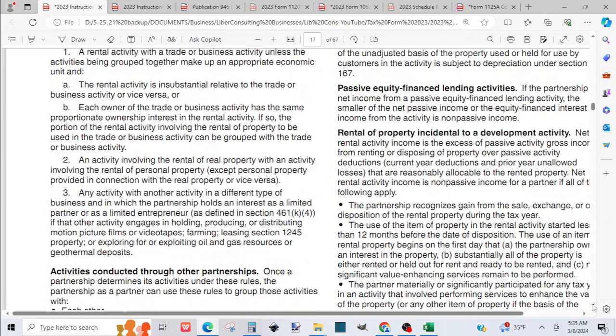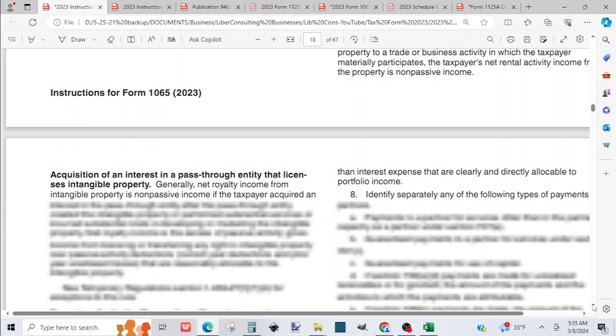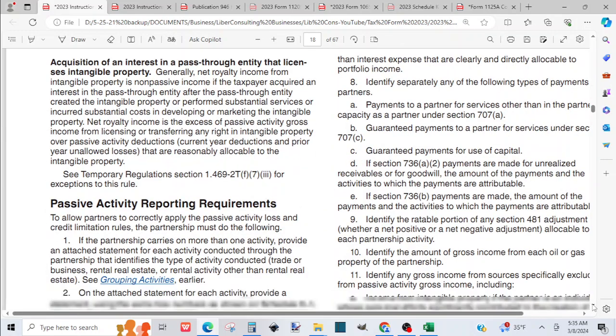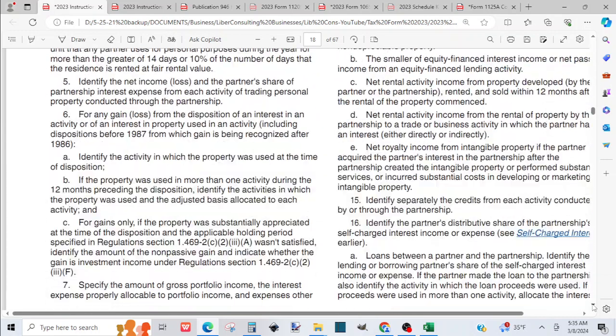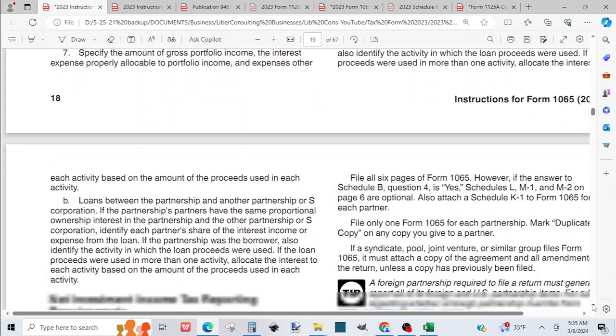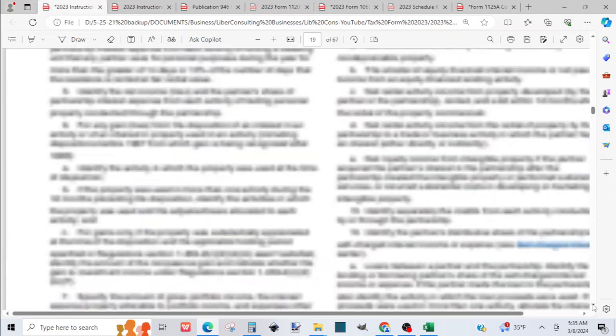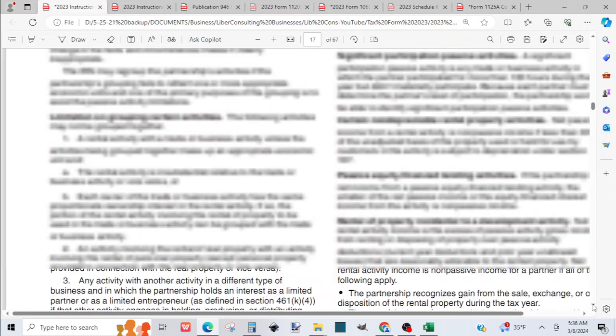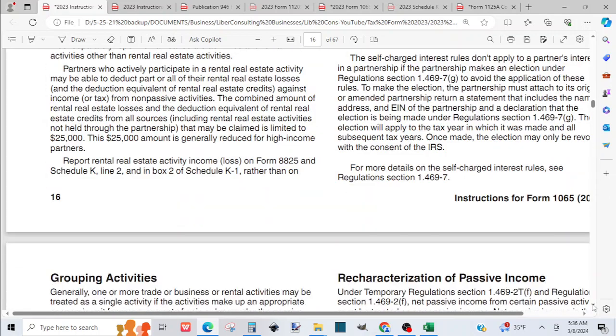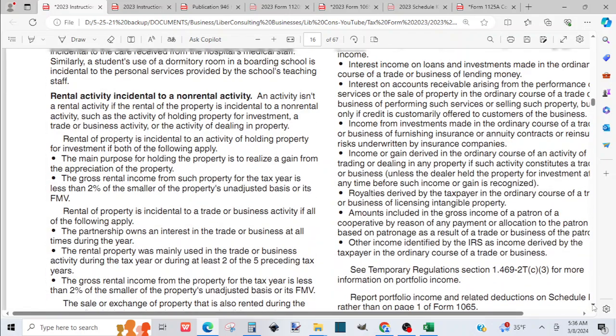Pretty much they're explaining what is now a business activity, but I'm looking for what is considered a business activity. So let's go up a little bit more here, and you can find those between page 10 and 17 or so.